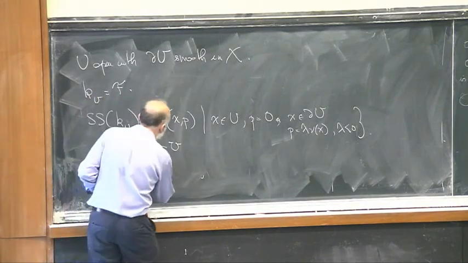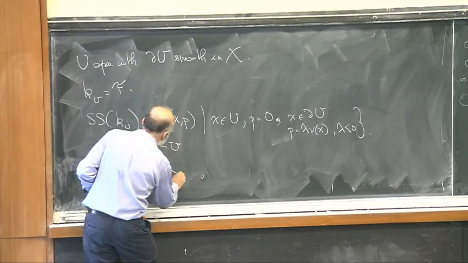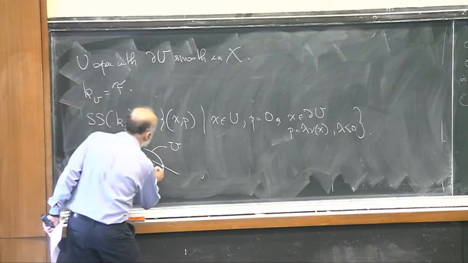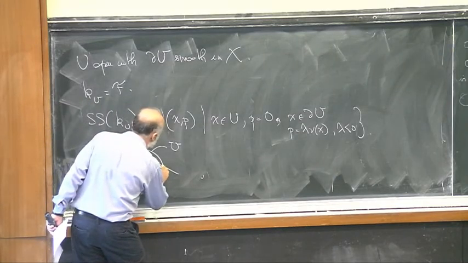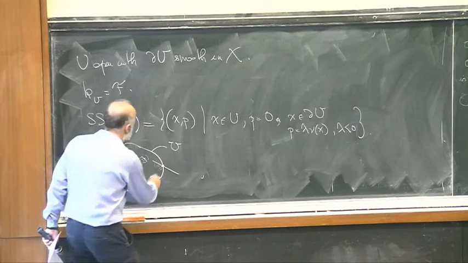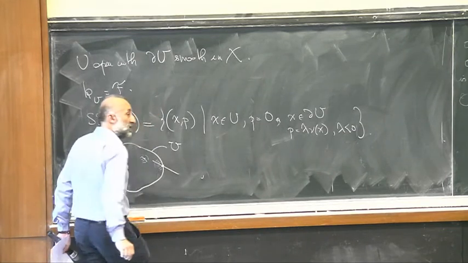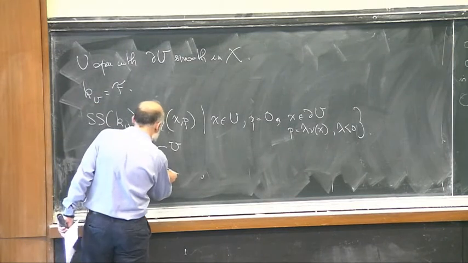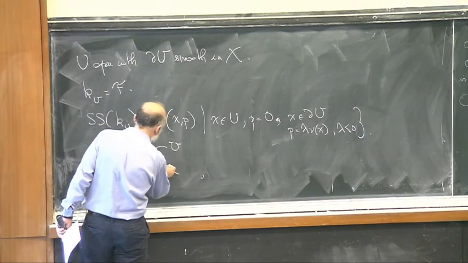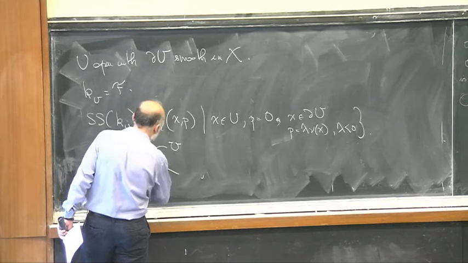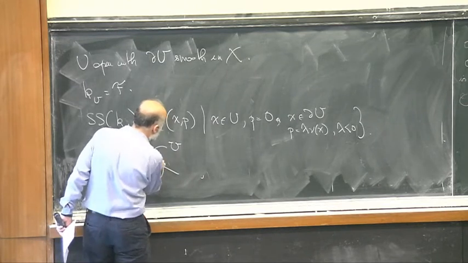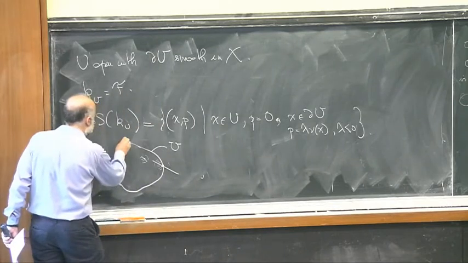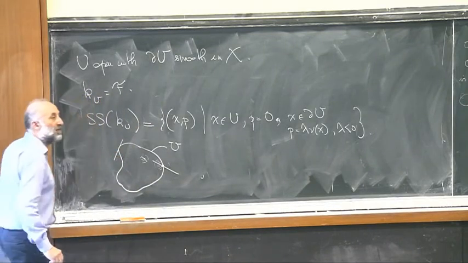But if I'm trying to move in this direction, having a section which is defined here, it's going to extend somehow on the other side. And the only place where I'm going to be in trouble is just here.